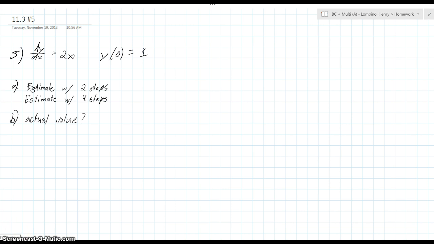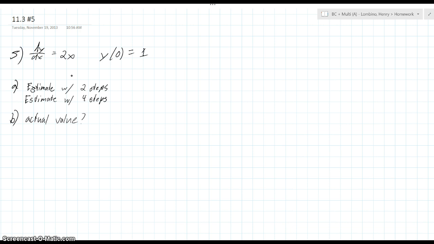So what we have here is our differential equation. We have our dy dx and what that equals, and then we have our initial amount. The way we're going to use Euler's formula is you go step by step through the process and calculate the slope at each point, and you move up by a certain change of x.